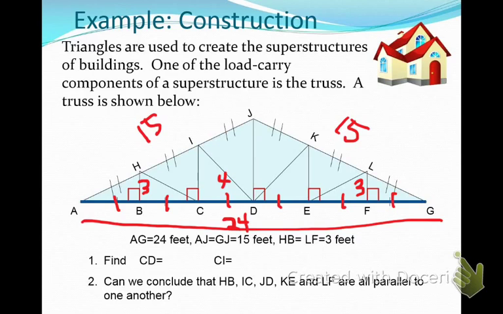What would CI be? Any ideas on CI? You're going to use HB being 3. That's going to help you find CI. It's not 5.